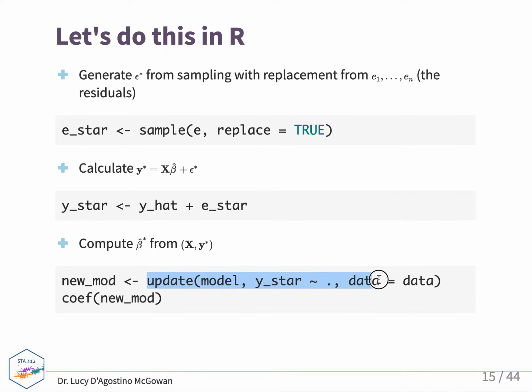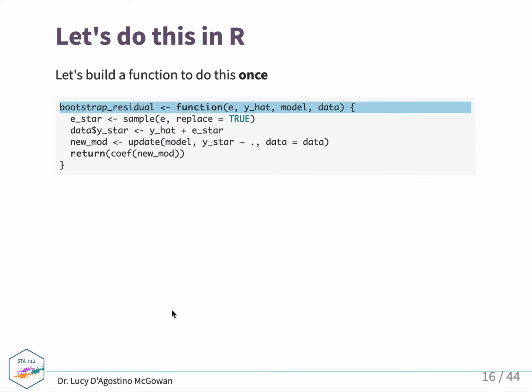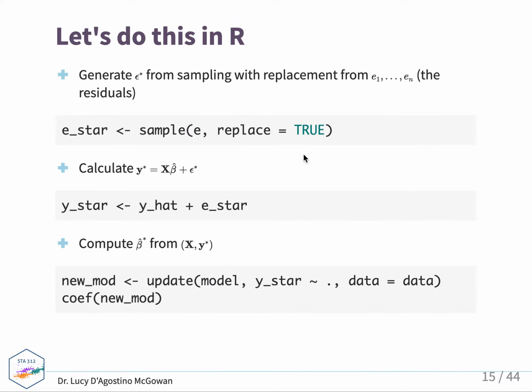So I'm updating my model so that I've created a new model, and to get the beta hats from this new model, I can use the coef function to pull out those coefficients. Okay, so this is how we would do this once.